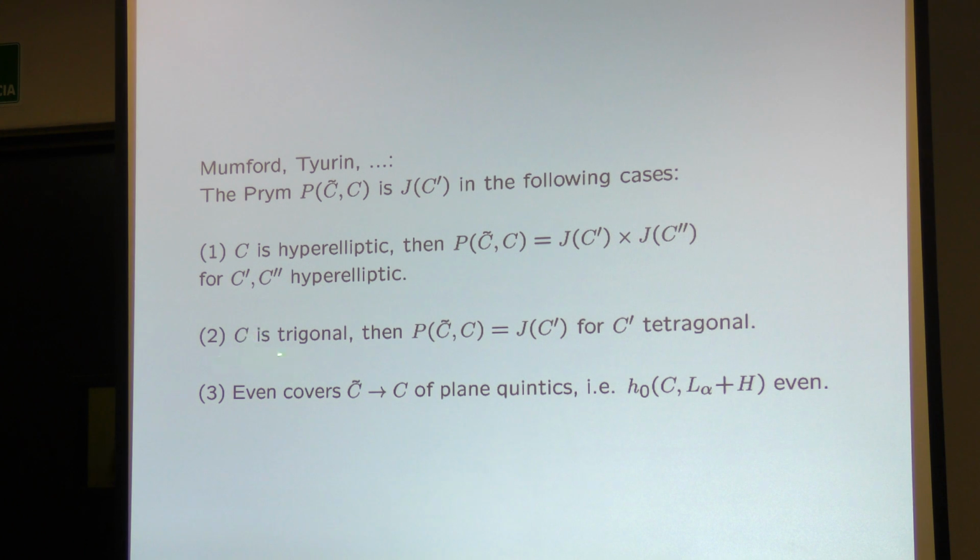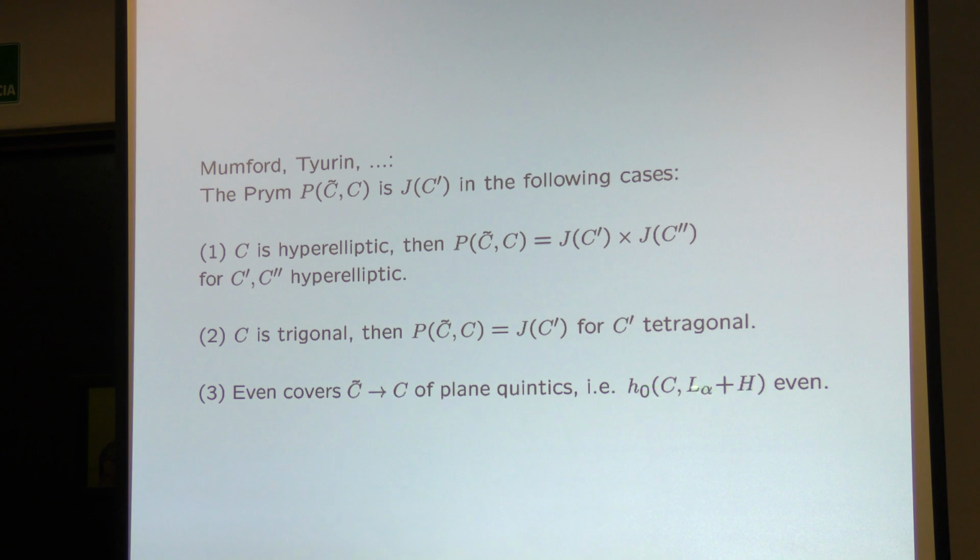C is trigonal, namely it has a map to P1 of degree 3. Then the Prym for any double cover is going to be the Jacobian of another curve, and there is an explicit construction for this C prime. The third case is when we have a plane quintic and an even cover of that.